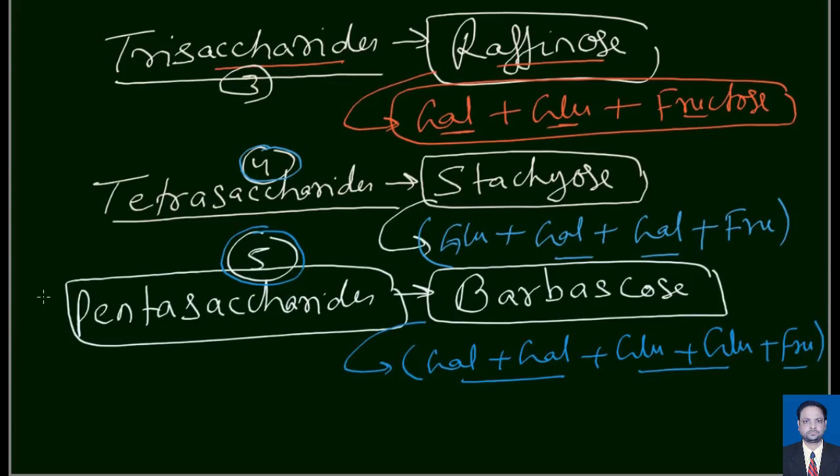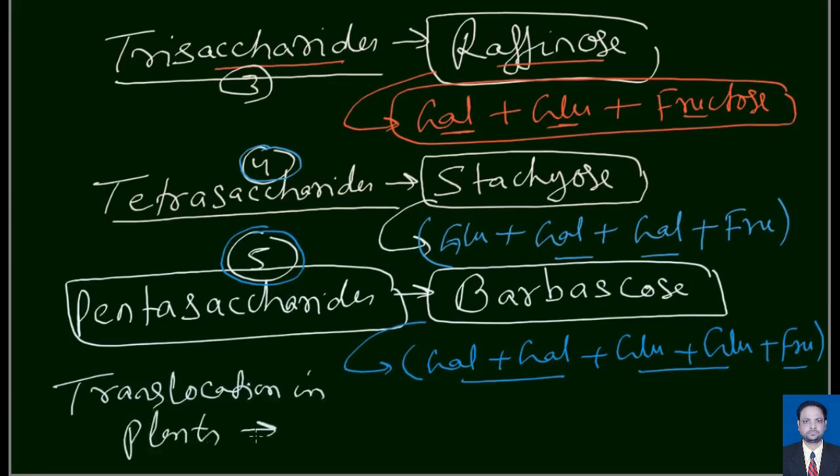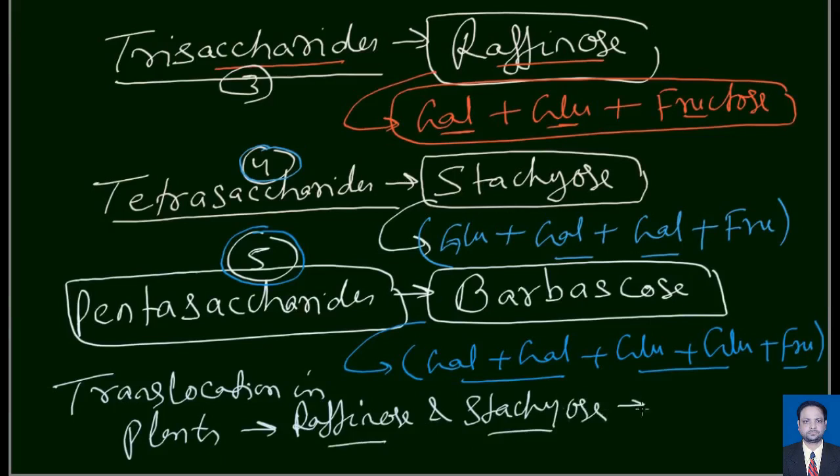And it has been found that during translocation in plants, when there is a movement or transport, raffinose and stachyose, both these oligosaccharides, occur in the phloem.